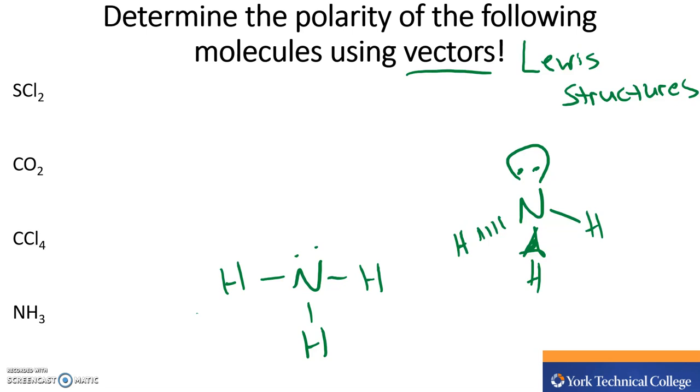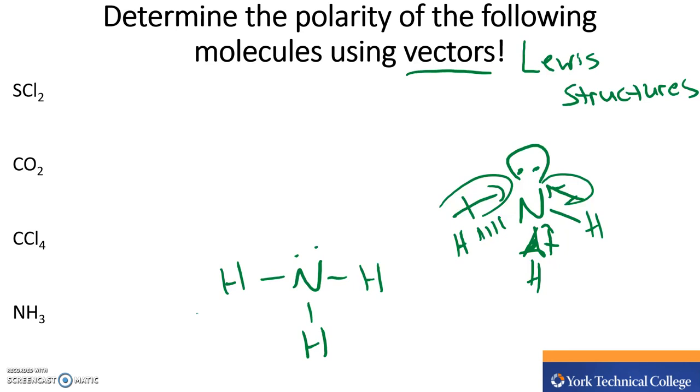Notice that you can obviously see that this molecule is polar, but how is this so? Again, we have a vector pointing towards nitrogen, another vector pointing towards nitrogen, and a third vector pointing towards nitrogen. These can be treated the same way as in the previous slide, by adding them together. The best way to do this is to change the direction of the vectors.